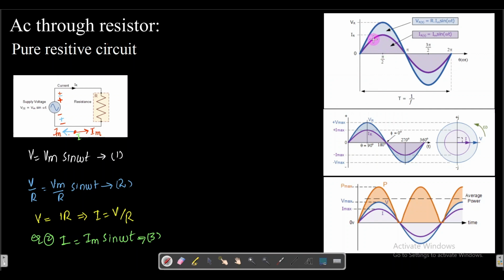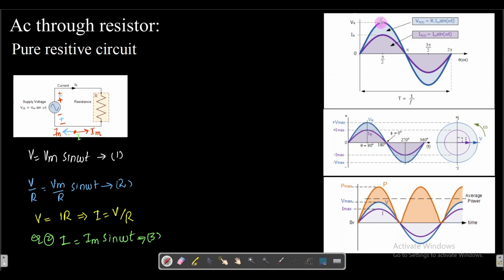We have the diagram here. In this diagram, this is the sine wave for the alternating voltage, and this is the maximum, the peak value of this voltage.